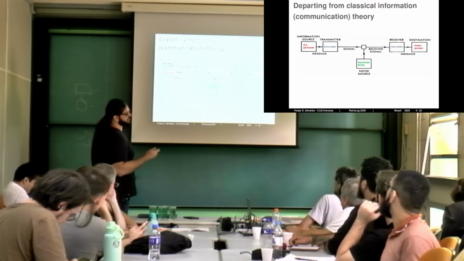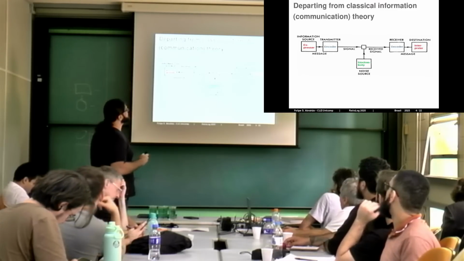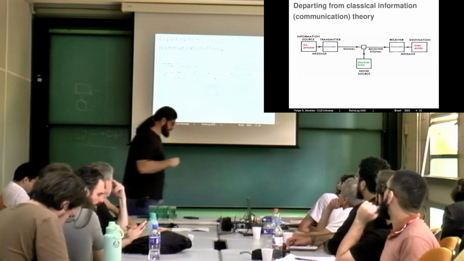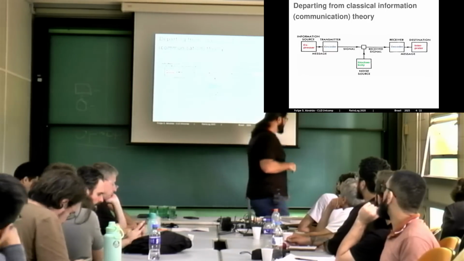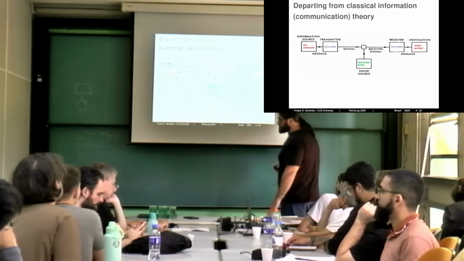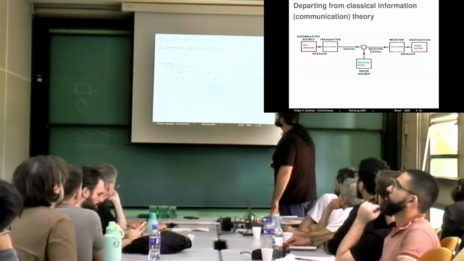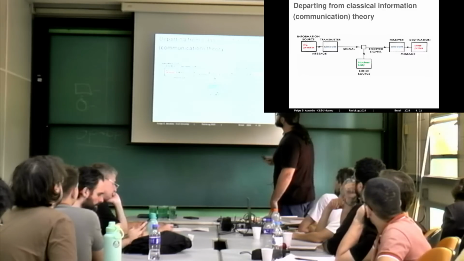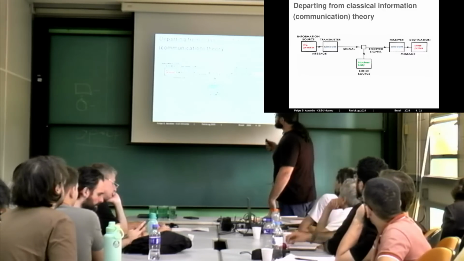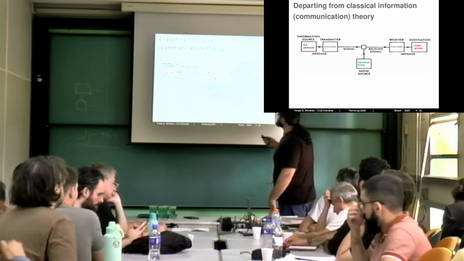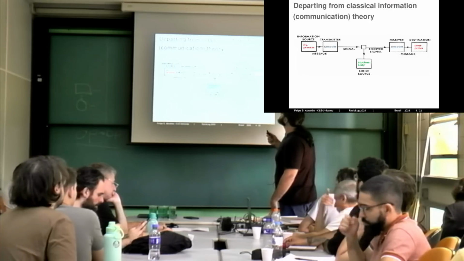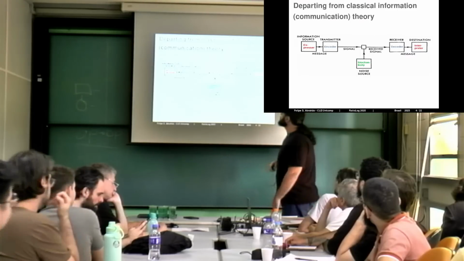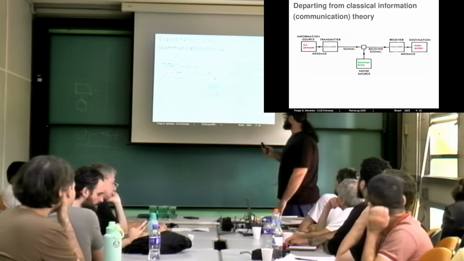So the theorems of classical information theory work if the receiver and the sender happen to have the same encoding-decoding scheme. That's not what we are trying to tackle. We don't have this assumption in mind. And we are not going to discuss how much it departs from classical information theory, but in the papers there is more discussion about it.